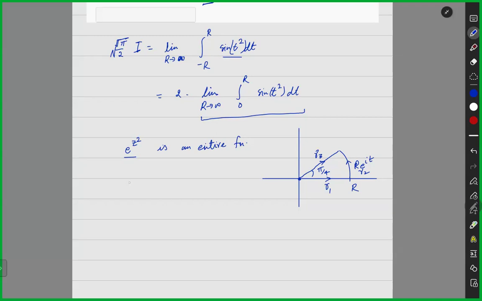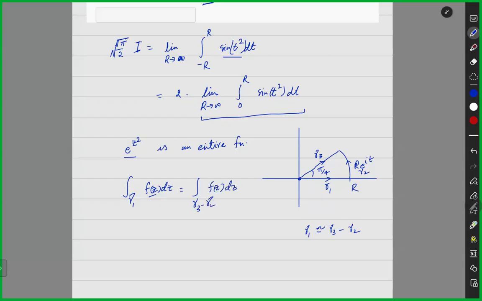So the integral over gamma 1 of f z dz, where f is entire, as we already noted, is the same as the integral over gamma 3 minus gamma 2. So we have a null homotopy, and gamma 1 is equal to gamma 3 minus gamma 2; these two are homotopic.